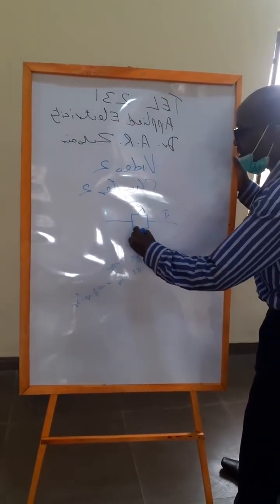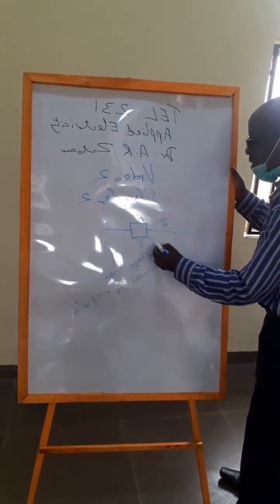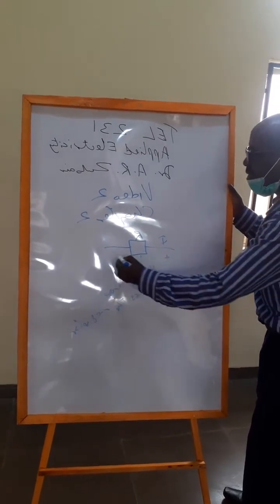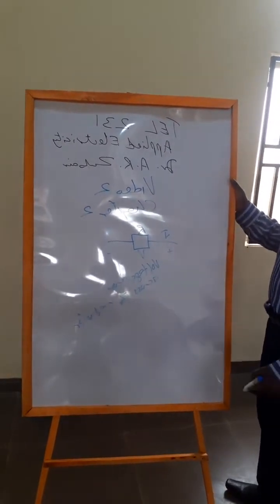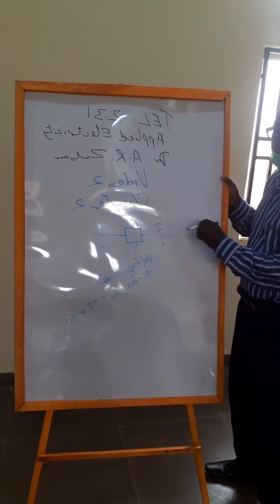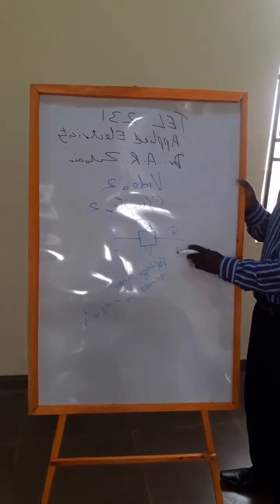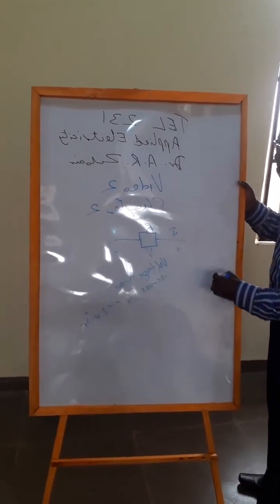That voltage drop is V. We consider it such that this end will be positive and this end will be negative. The end through which the current is coming is considered positive.